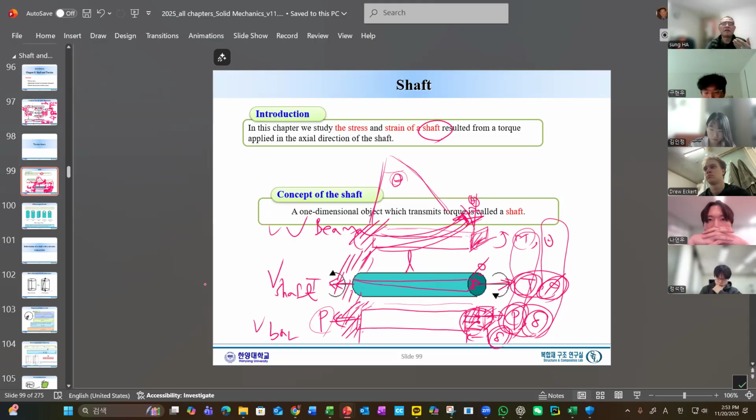But remember, this is all sigma equals E epsilon. Sigma and epsilon vary through the thickness, and that causes the bending moment. That is the big difference from the bar. But the common thing is that all are under a tensional load, tension deformation. And the shaft and beam concepts are also very similar.